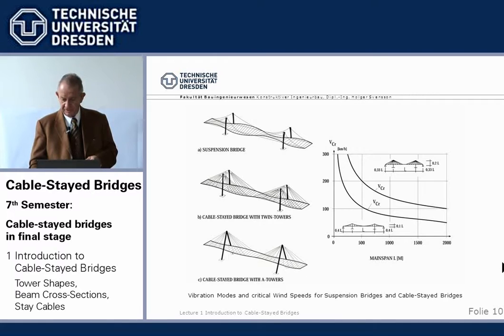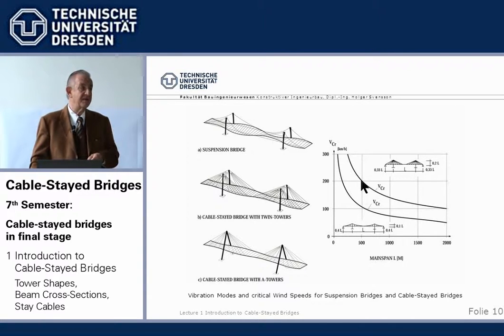If we look into this graph, we have here a main span for a similar suspension and cable-stayed bridge, and here the critical wind speed at which the bridge starts to flutter. If we compare for a main span of 500 meters, the suspension bridge will start to flutter at about a wind of 100 kilometers per hour, and a cable-stayed bridge will start at a wind speed of about 200 kilometers per hour.